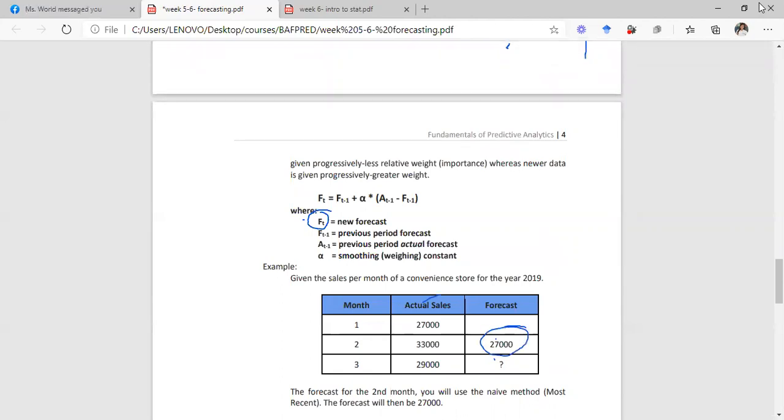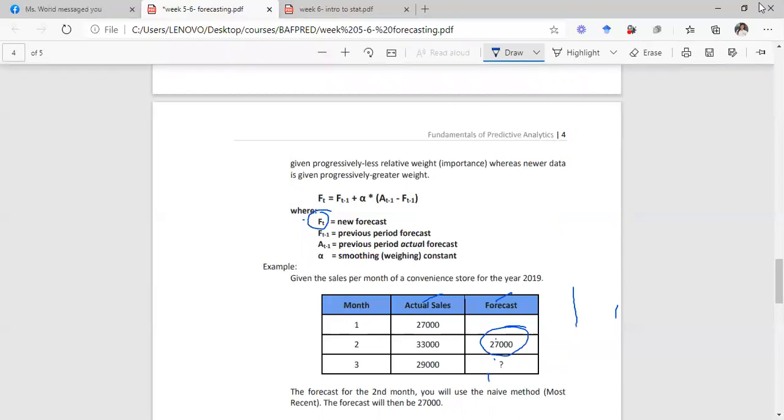This is the actual sales and forecast. We have the previous period forecast 27,000, the previous actual sales, and the smoothing or weighing constant.